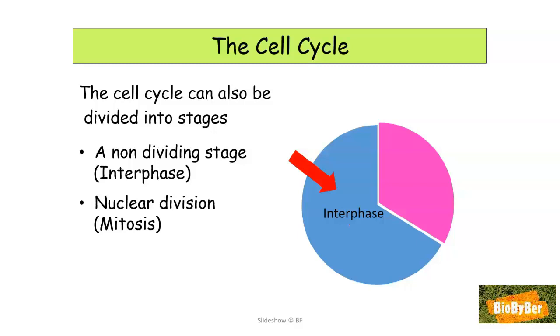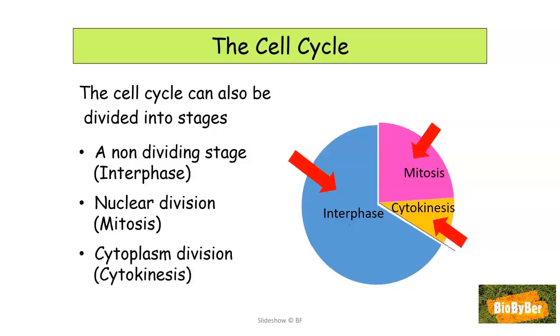Mitosis is the division of the nucleus to produce two genetically identical daughter cells. Because this is a detailed study, you must also understand that mitosis is usually followed by cytokinesis or cell division. This is where the cell or the cytoplasm divides to form new cells.